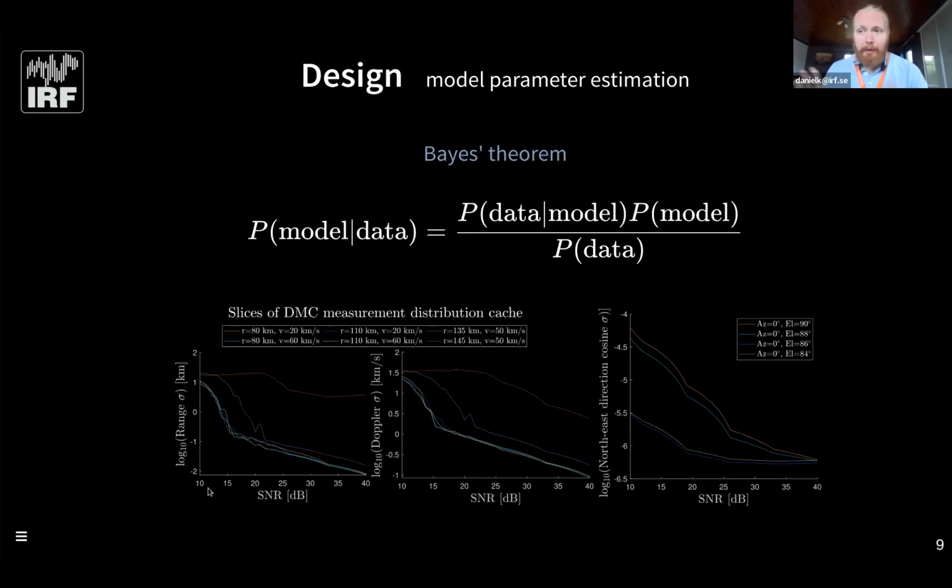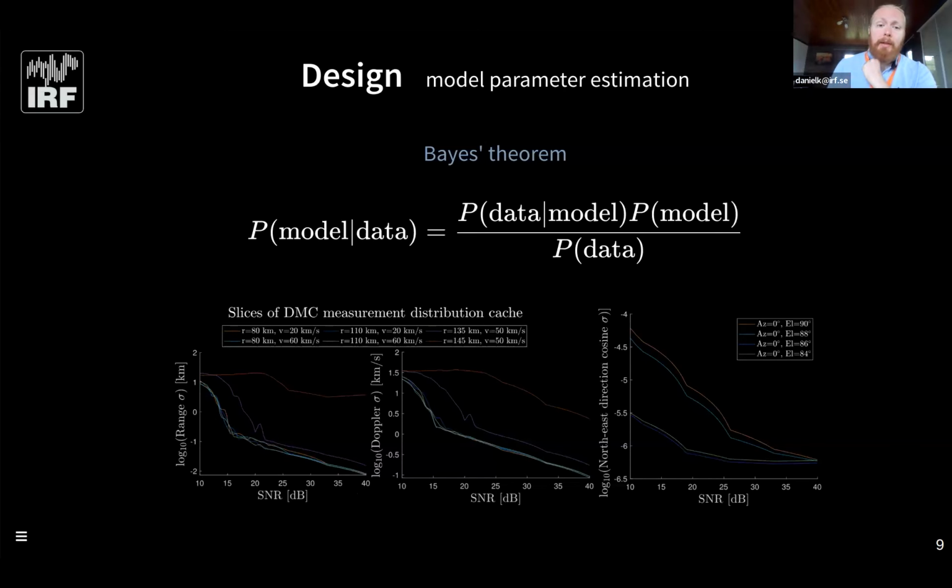Now I say all possible, but a sensible range, and a range of signal to noise ratios. And then we let this run for a very long time and built up a cache.